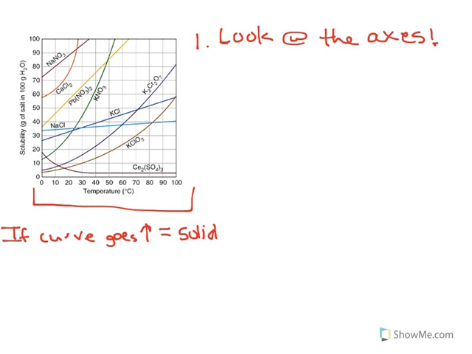Why does increasing the temperature make a solid dissolve better? Why is more solid going to dissolve at a higher temperature? Well, it's about the state of matter. Solids are very, very dense. Their particles are tightly packed together. They have a tendency to want to go down. They want to sink.